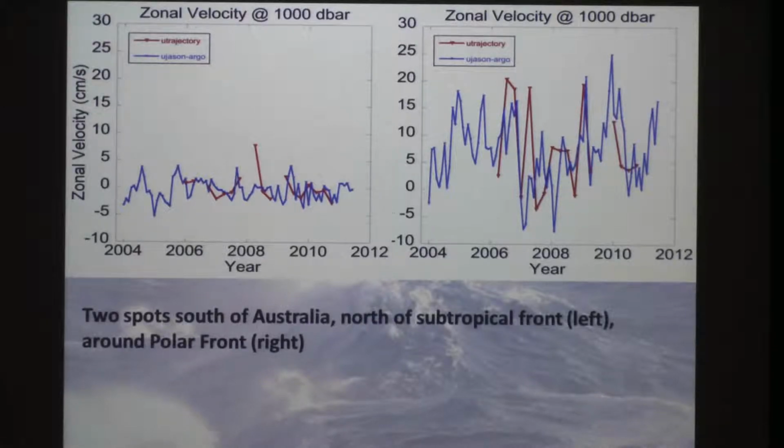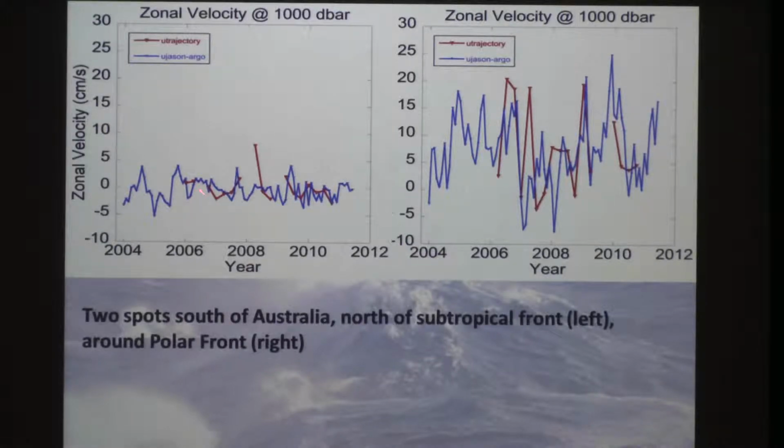Okay? And so they agree fairly well, except for a couple of outliers. And these outliers are more than not likely due to eddy contamination from the drift in the Argo floats. Moreover, we have many more observations of this surface current that we can utilize in calculations of transport.